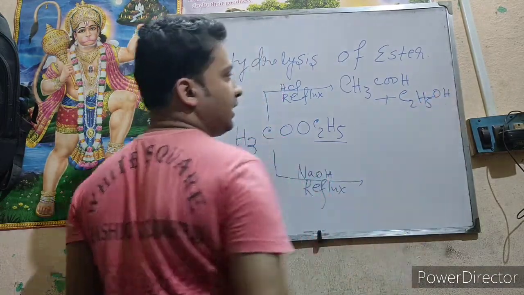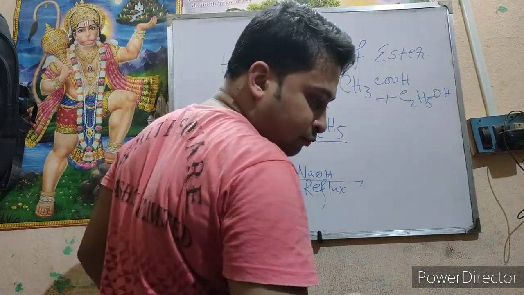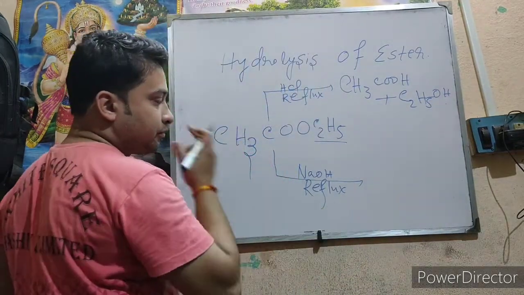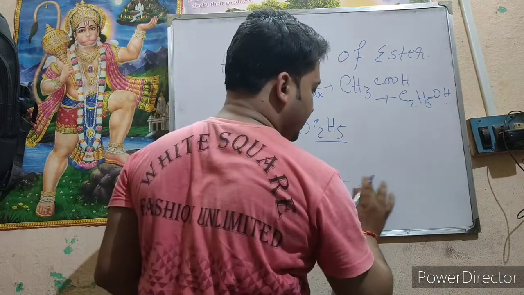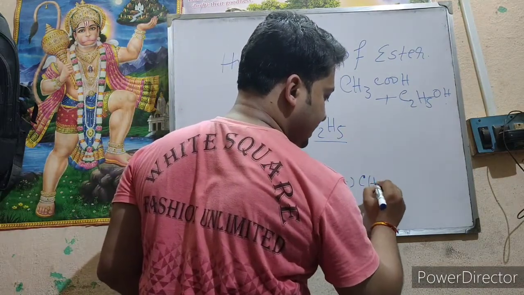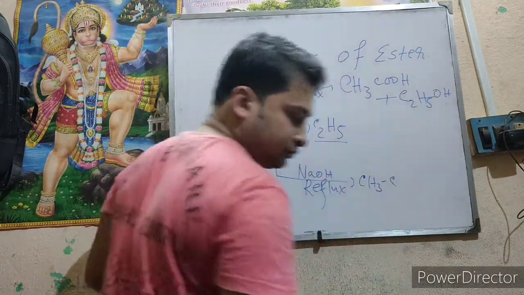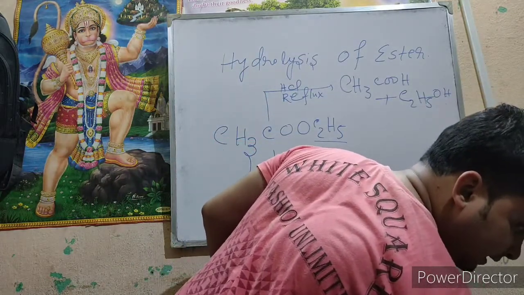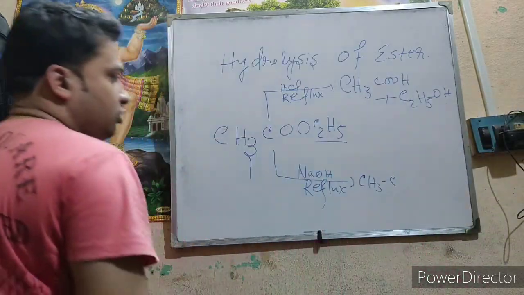C2H5OH, alcohol and acid. But for NaOH you get two products, that is C2H5OH and CH3COONa.